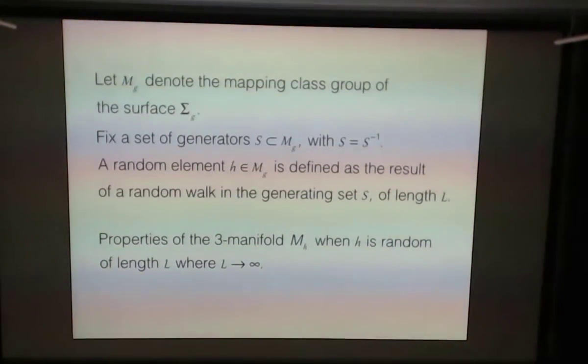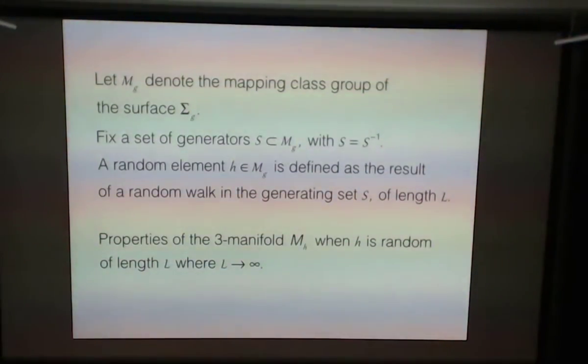If we fix a set of generators, then we can generate a random element as a random word of some length L in these generators. So we randomly write a word of length L, and this defines a homeomorphism H. Once H is defined, we produce this closed three-manifold depending on H, where H is the gluing homeomorphism.